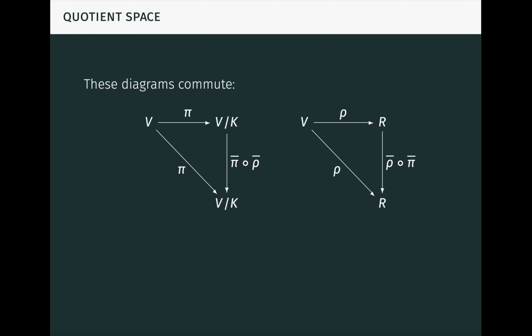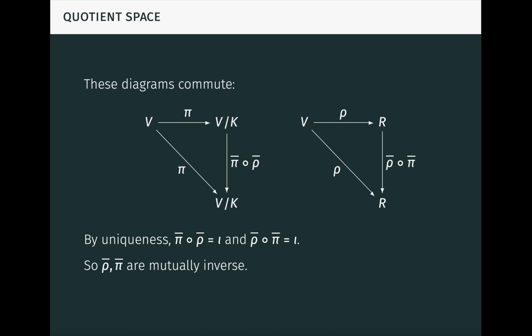That is, in this diagram, we could replace the vertical arrow with the identity map on V mod K, and the resulting diagram would still commute. By the uniqueness requirement in the universal property of pi, that means that pi bar after rho bar is the identity map on V mod K. By the same reasoning applied to the diagram at right, rho bar after pi bar is the identity map on R. So rho bar and pi bar are mutually inverse.